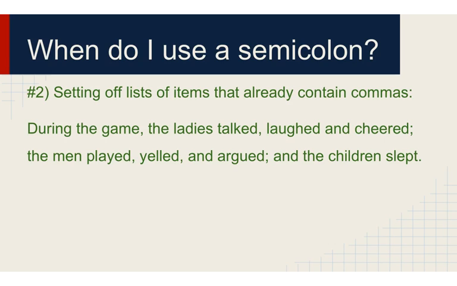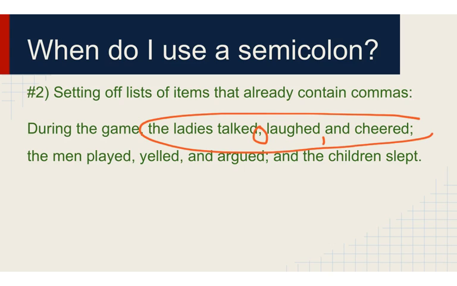So, during the game, the ladies talked, laughed, and cheered; the men played, yelled, and argued; and the children slept. Alrighty, because we have our list, the ladies talked, laughed, and cheered. There are two commas within the first item of our list. So, item 1 is here.